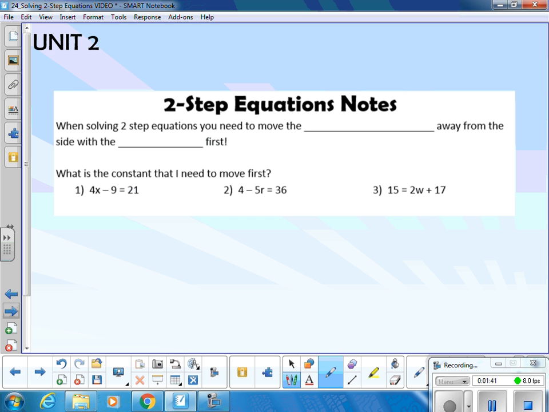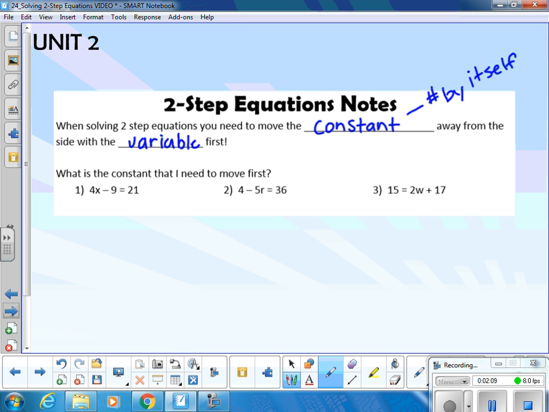For two-step equations, when you're solving a two-step equation, you need to move the constant, which is that number by itself, away from the side with the variable.